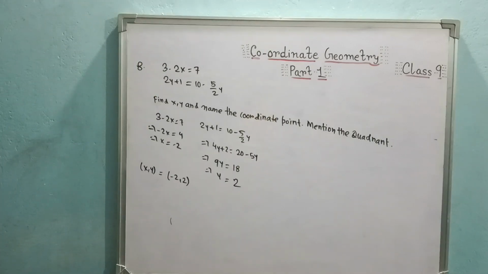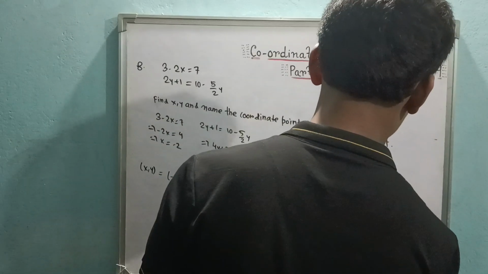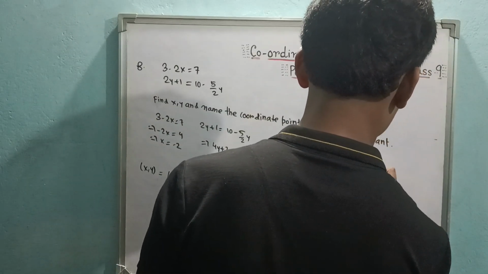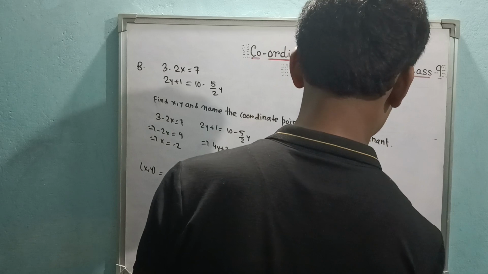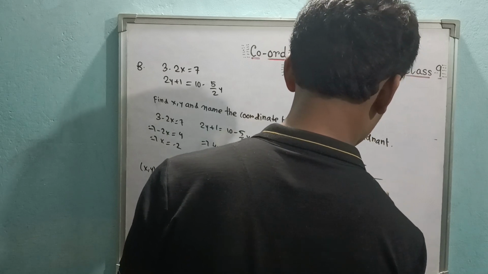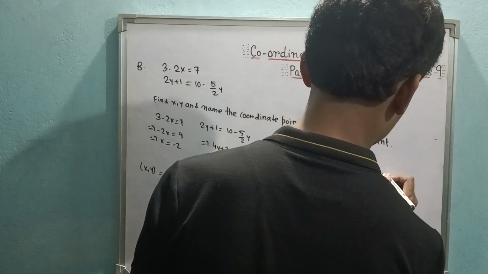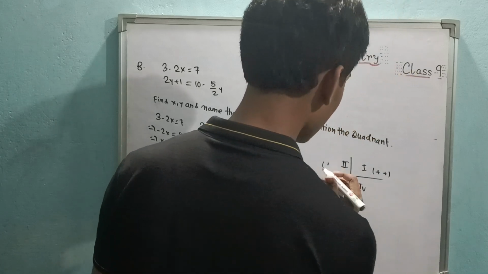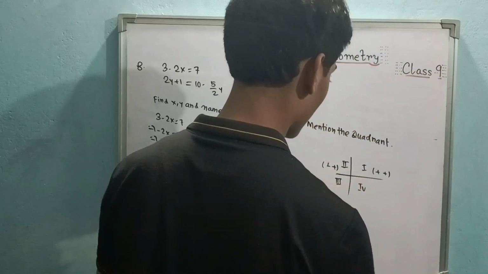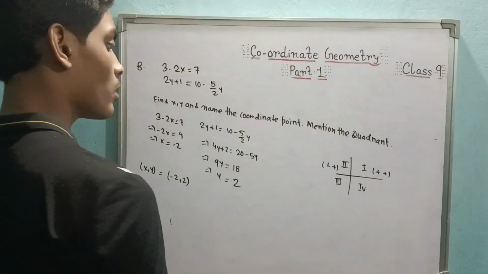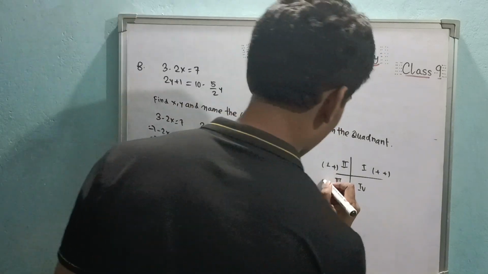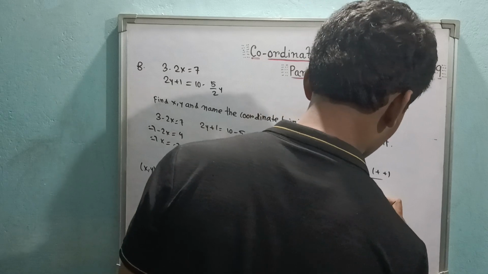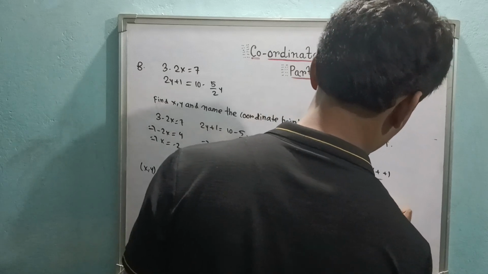Now we know the rule of coordinates. First quadrant, second quadrant, third quadrant, fourth quadrant. First one is plus plus, second one minus plus. First one abscissa ordinate positive, second one abscissa negative ordinate positive, third one abscissa ordinate both negative, fourth one abscissa positive ordinate negative.